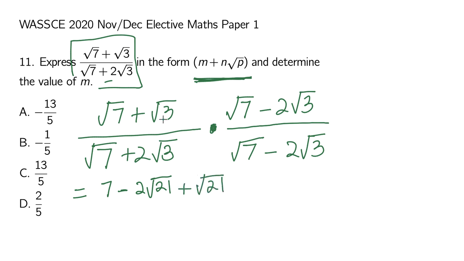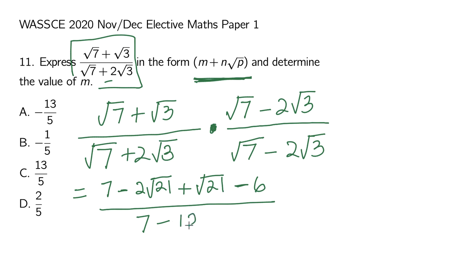Then we have square root of 3 times minus 2 root 3, that gives us minus 6. And on the bottom we have a difference of 2 squares, so we have square root of 7 squared, which is 7, minus 2 root 3 squared, that becomes 4 times 3, which is 12.